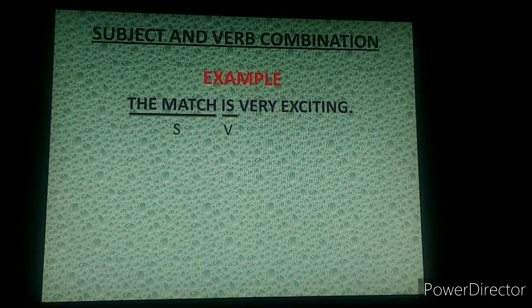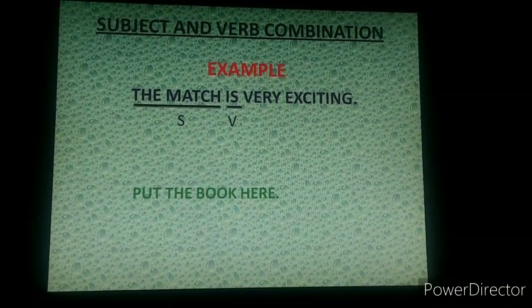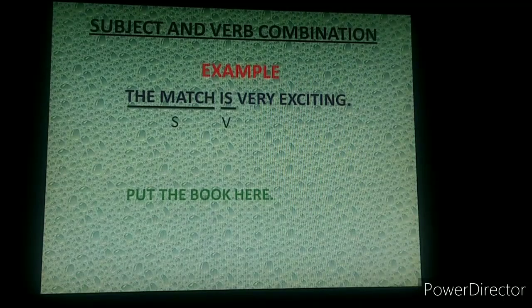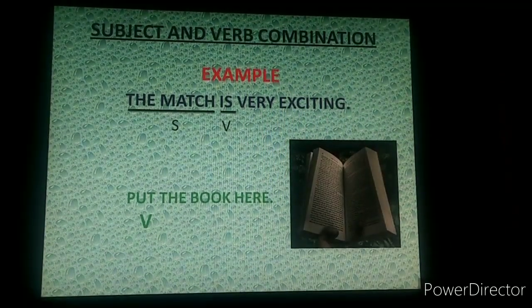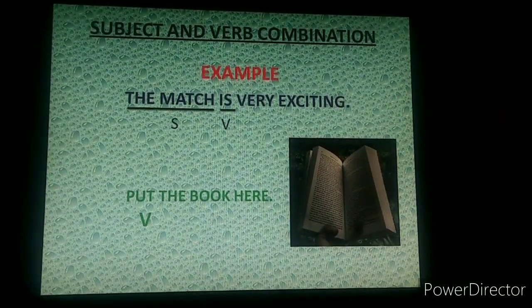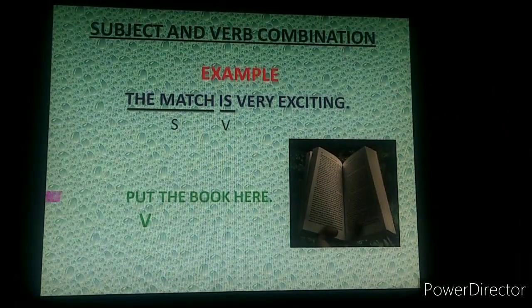But if we write a sentence like "Put the book here." In this sentence, there is only a verb, that is "put". So in such types of sentences, we have to add the subject ourselves. Like here, I have added "you".